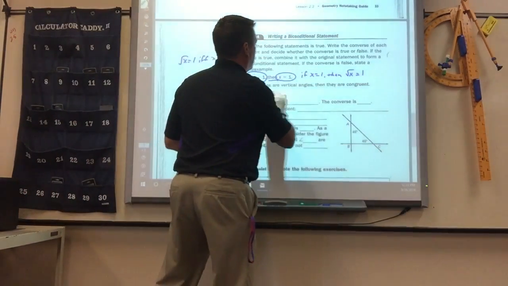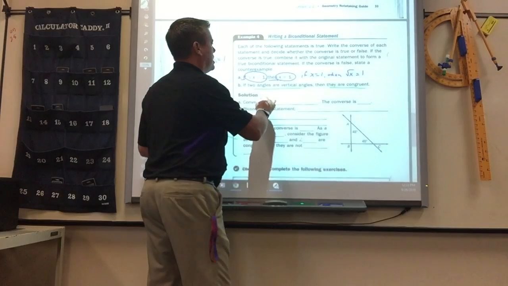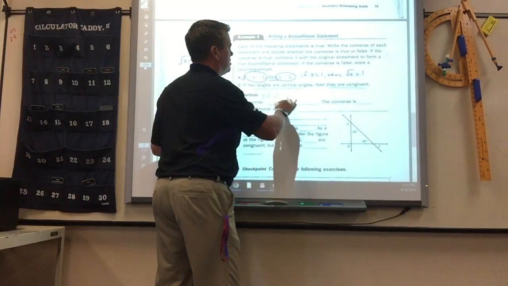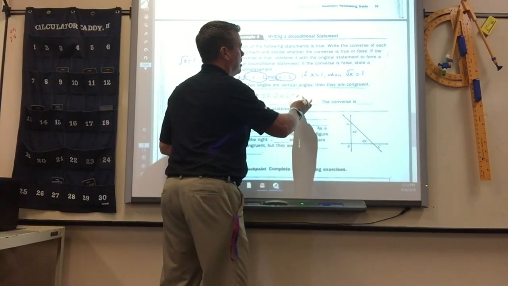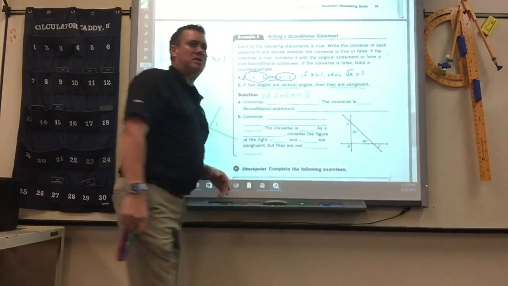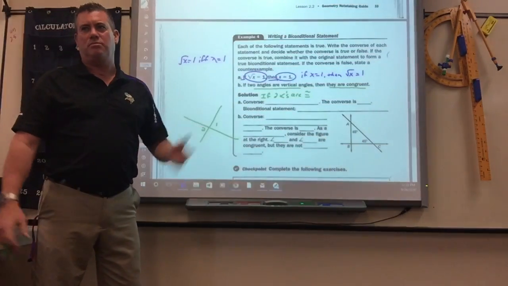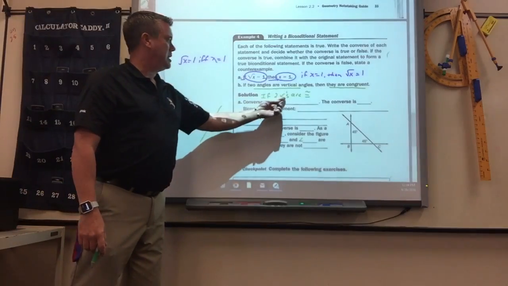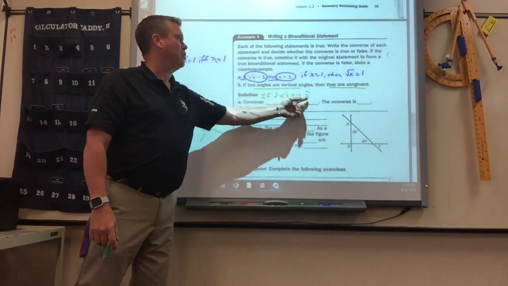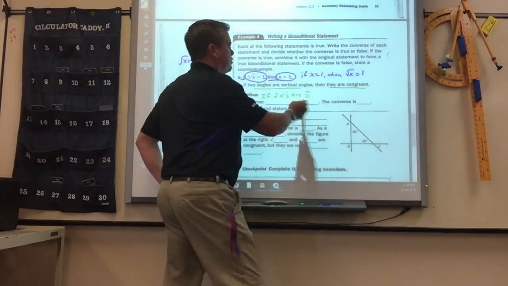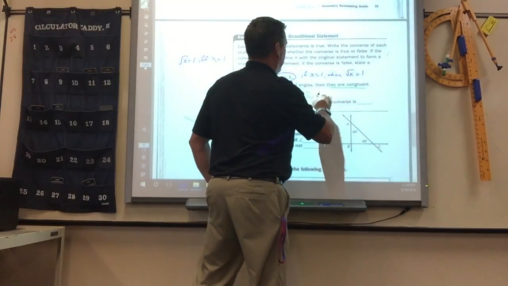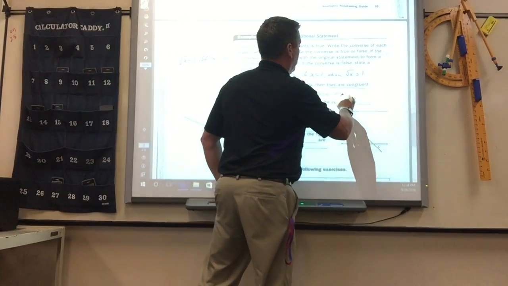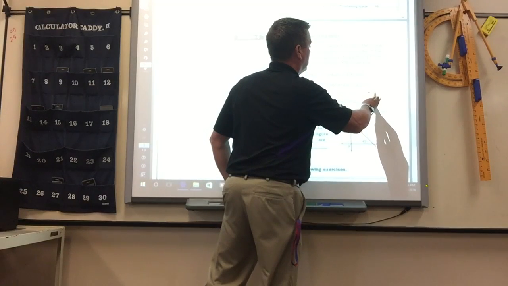If you switch it around, if you say if two angles are congruent, and again, when you write these out, the more you can abbreviate, go right ahead. You can put angles for the word, you can put congruent instead of the word. So if two angles are congruent, then they are vertical angles.